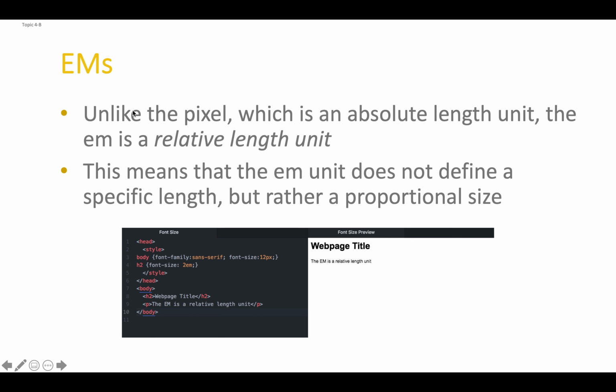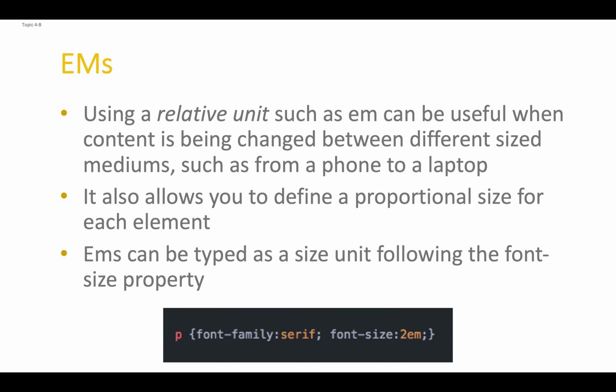You can also use a font scale called EM, and this is a relative unit length. So the EM unit does not define a specific length, but rather a proportional size. So if you use something like 2em, it's relative depending on the device that is used.